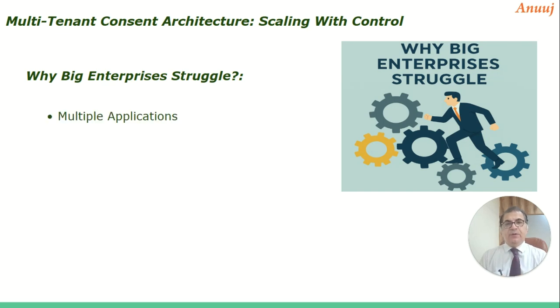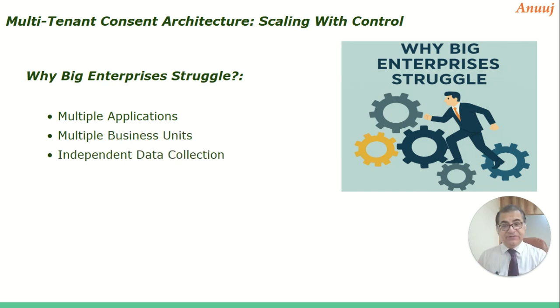Therefore, it has become important for enterprises to see if they can find a common place where their data can be handled. So, like I said, multiple applications, multiple business units, and each of them have been collecting data independently. We know so many places.